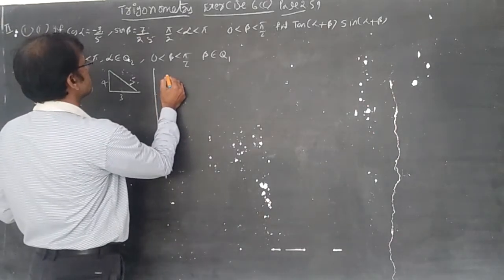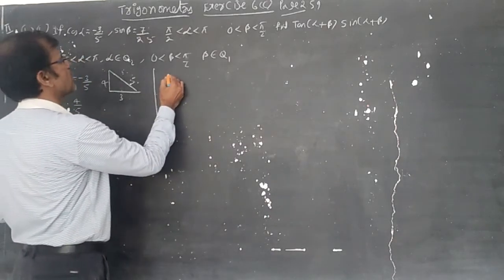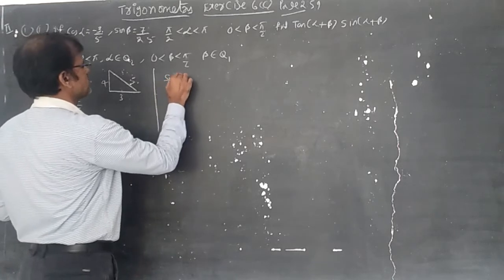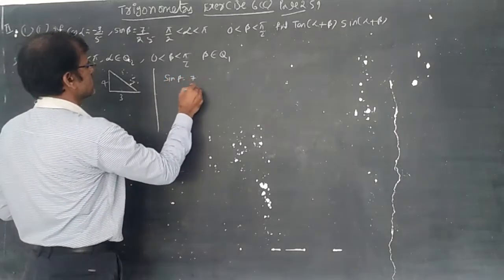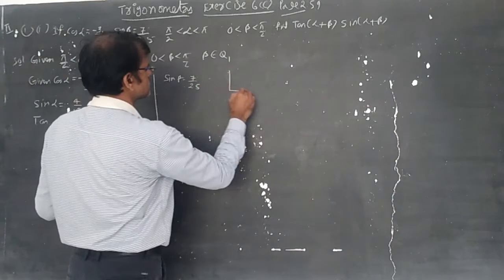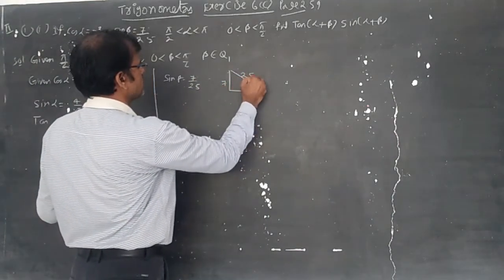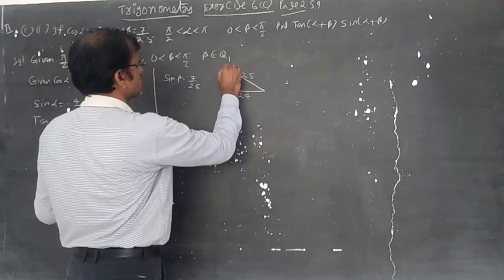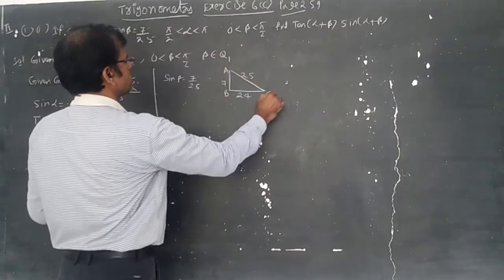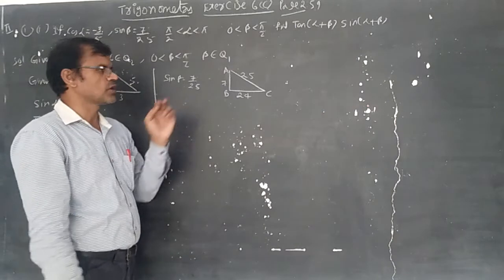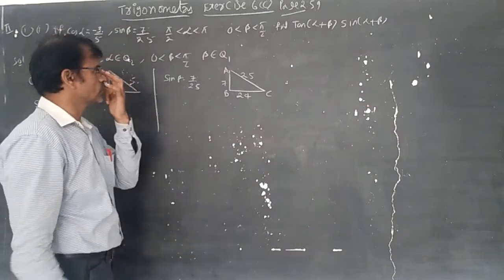Now, according to beta, I am writing sin beta is equal to 7 by 25. This is 7, this is 25, this is 24. According to Pythagoras theorem, 25 whole square minus 7 whole square becomes 24.